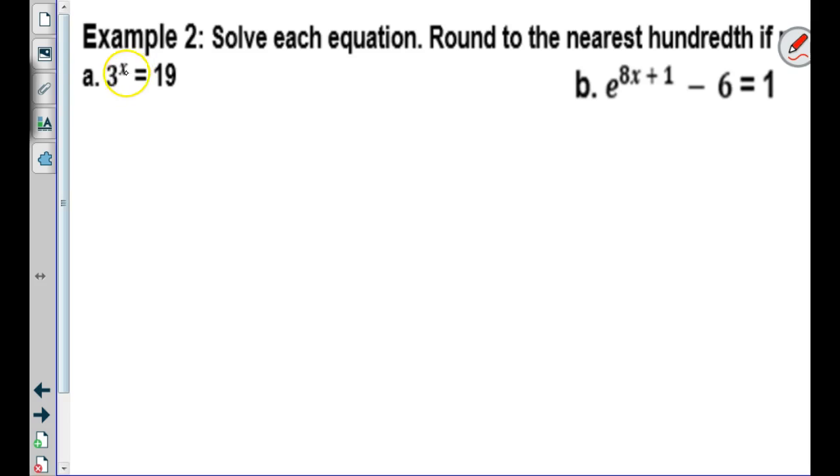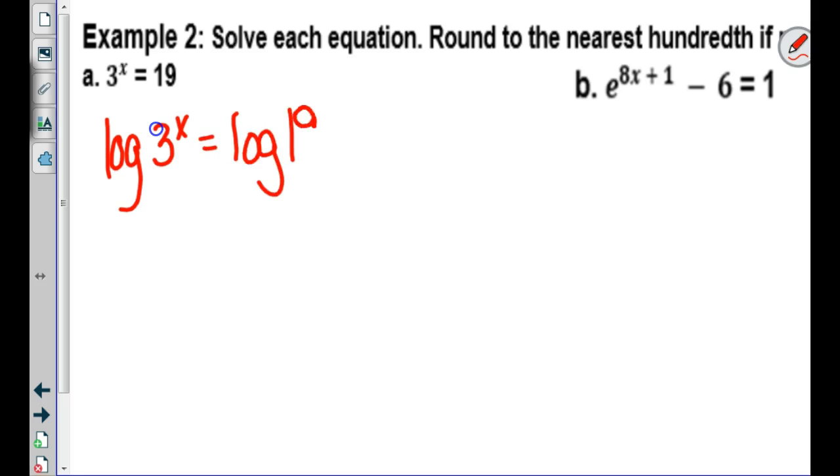All right, when you have an x only in one place, we just did one like this. So what did we do? Okay, you could do ln again, or you could do log, it doesn't matter. But when you have an x in the exponent, you're going to need to take the log of both sides. So if I choose to do base 10, I'd have this. Then what?